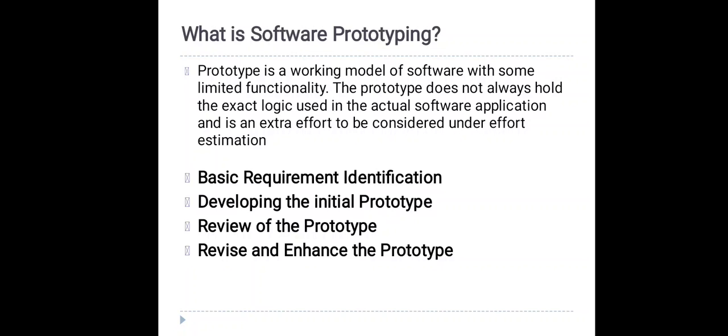These features may not work in exactly the same manner internally as in the actual software developed, while workarounds are used to give the same look and feel to the customer in the prototype. So basically, we are providing a sample of our system to our customer so that they can build some understanding.